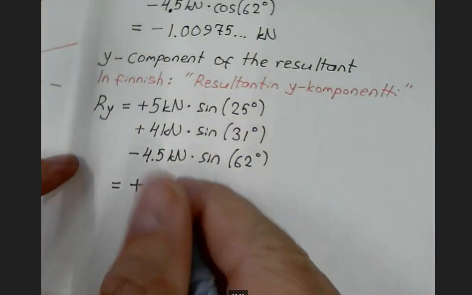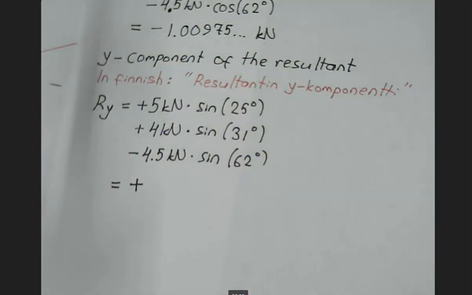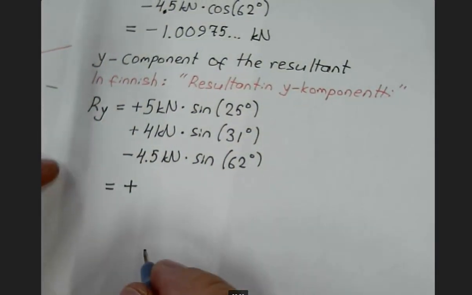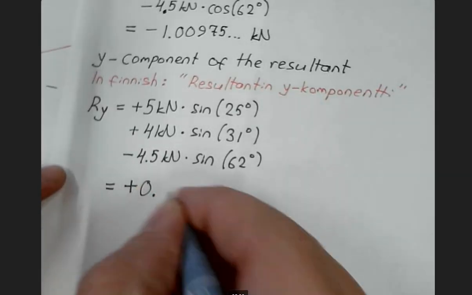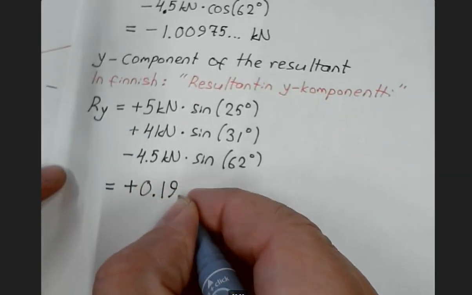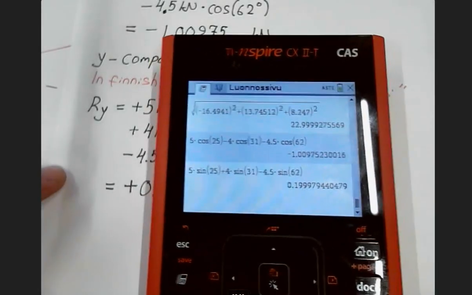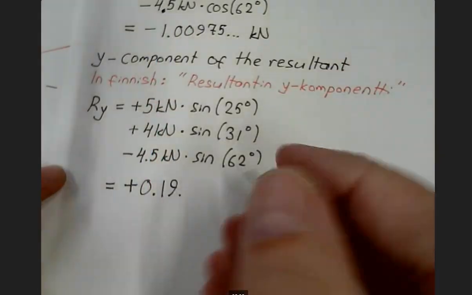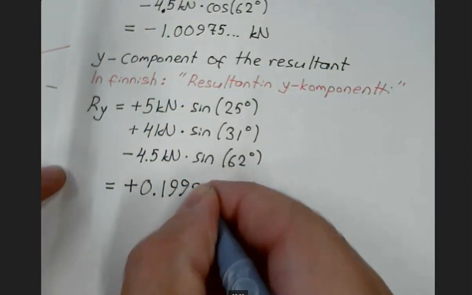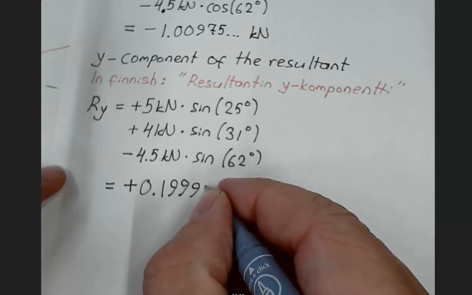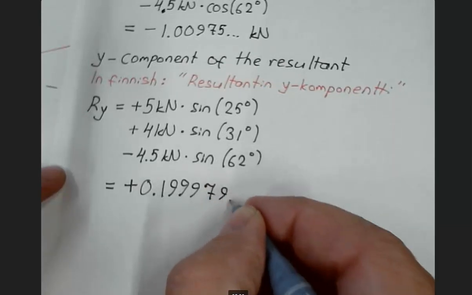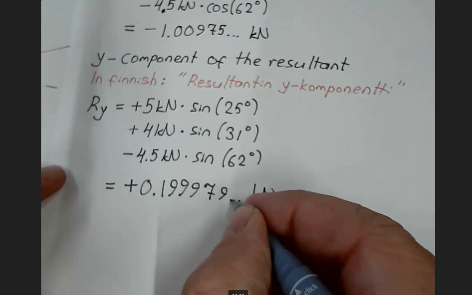I need to be careful with those signs so that I have them correct. 0.19, how many nines there? 3. 79, etc. kilonewtons.